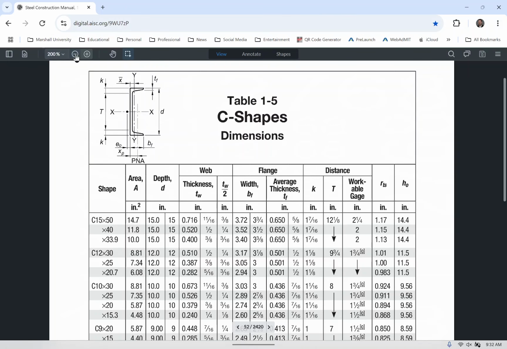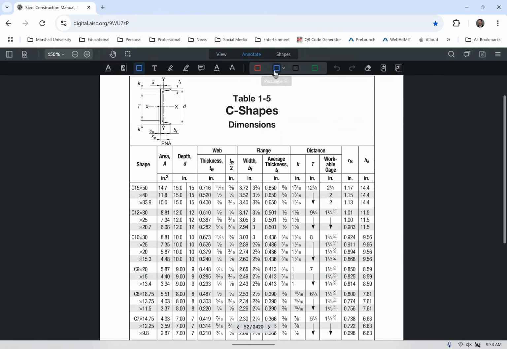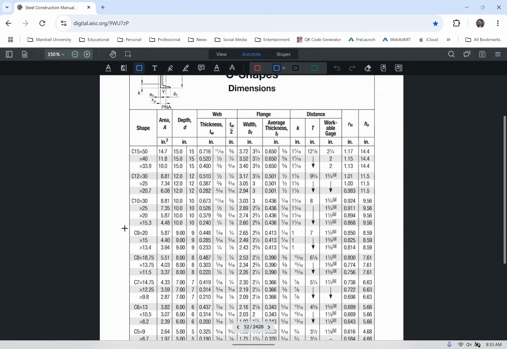Let me zoom out a little bit. Now let me just make a couple points here. Just for the sake of discussion, look at the C9x20. Would that work?